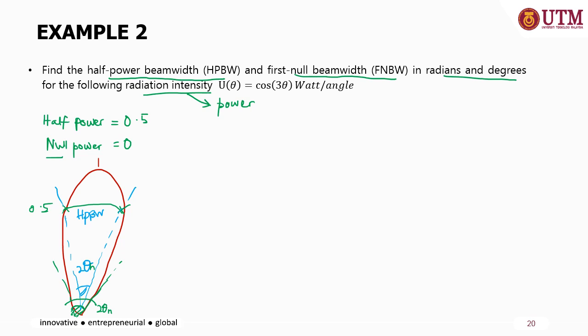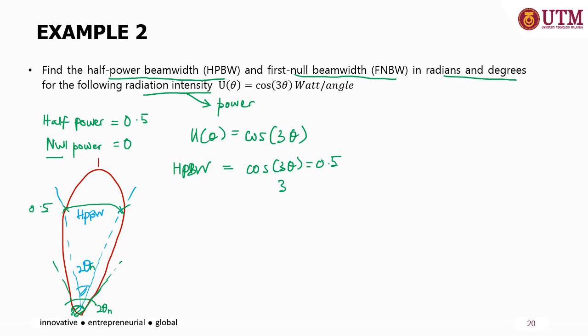Let's consider the given equation. The radiation intensity U theta equals cos 3 theta. For HPBW, we know that cos 3 theta equals the half power, 0.5. So you need to find theta.